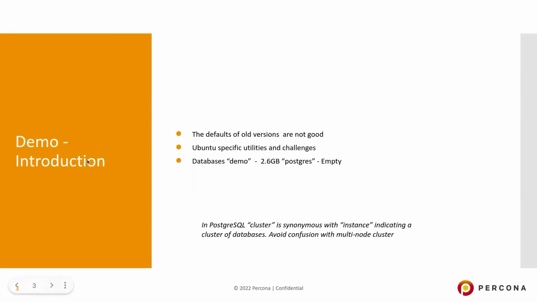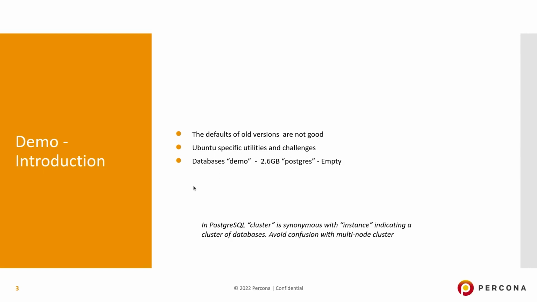We are going to see the demonstration, and before starting, a few important points. One is that the default settings of old PostgreSQL versions are not so great for setting up replication and doing a failover. So we will be altering those settings as part of this demonstration. The second point is that there are a few Ubuntu specific utilities and we will be using them, and we'll be discussing some of the challenges.